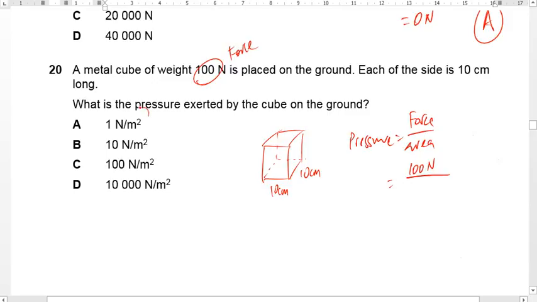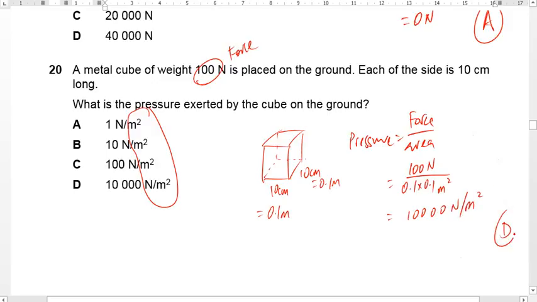Look at all the units here. Newton per square meter. So over here, square meter. One side 10 cm, right? This is 0.1 meter. So the area is 0.1 times 0.1. Answer D.